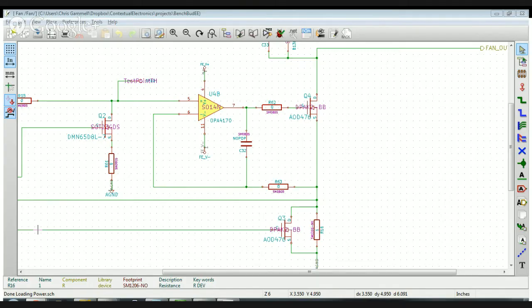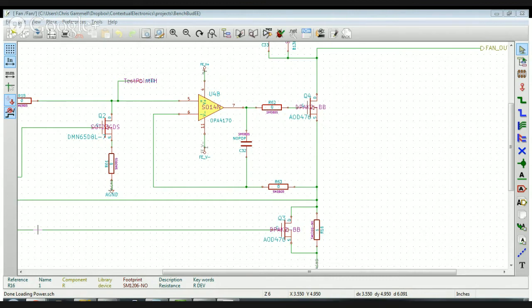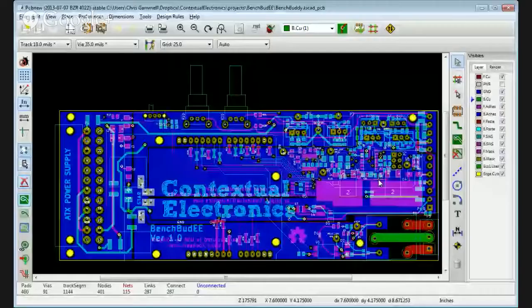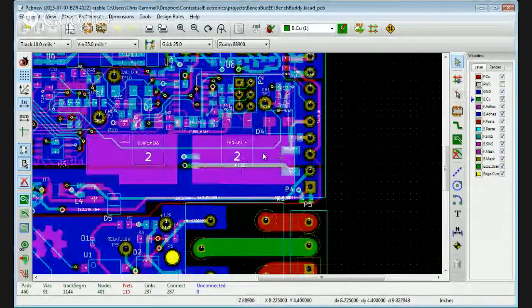Yeah, that is interesting. If we look at, let's see this. No, it's still on that one. Let me switch over to the layout real quick. Yeah, so it's right under, like you said, that pad there. So in a best case scenario, we'd put this somewhere far away in terms of heat. So maybe try and squeeze it in here or something like that.